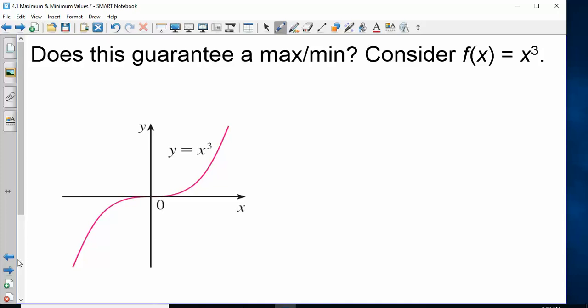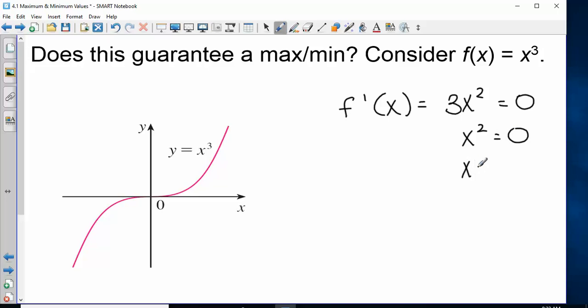Now, my question is, if the derivative is 0, does that mean it has to be a maximum or minimum? Think about x cubed. We already said it didn't have any. The derivative of this would be 3x squared. If you set that equal to 0, you get x equal to 0.